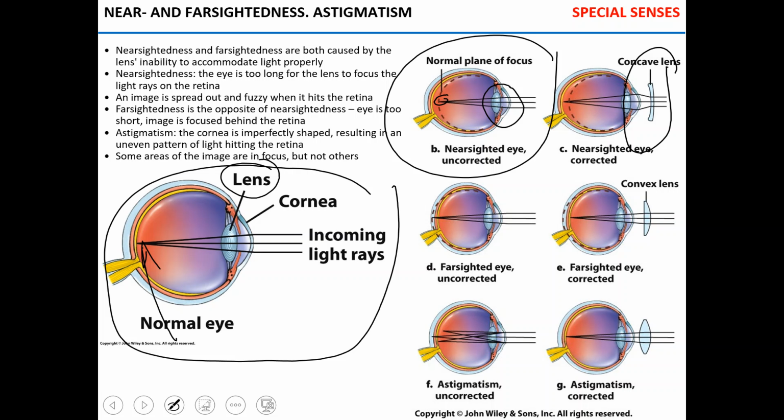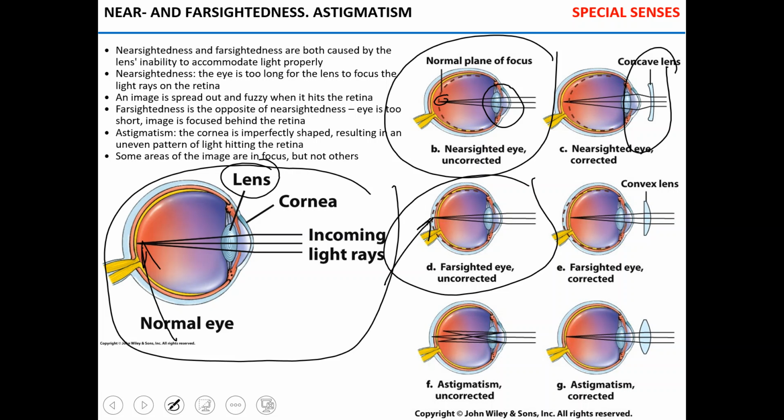People who are farsighted, people who cannot see anything close, their eyes are too short. So this is uncorrected farsighted eye, and you can see that the image is focused behind the retina.